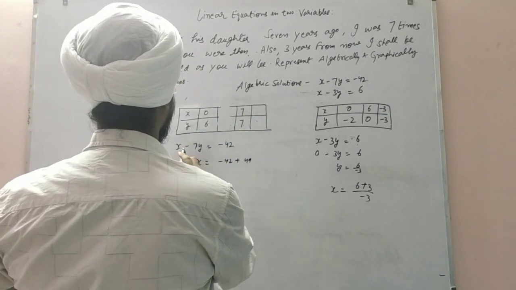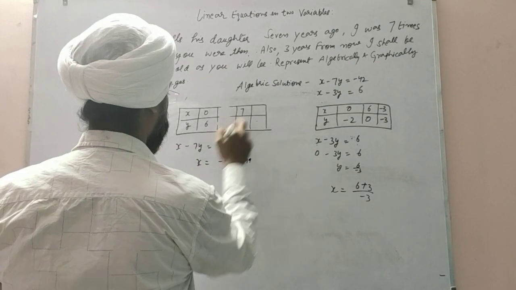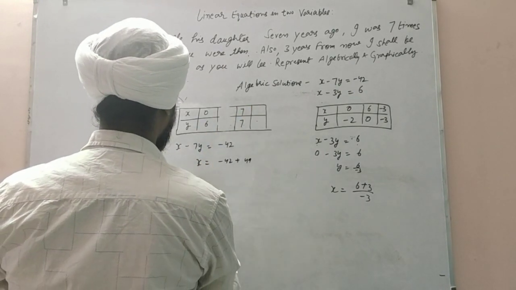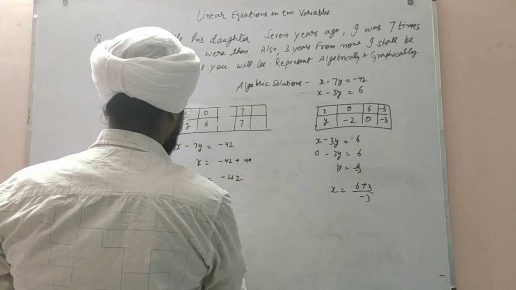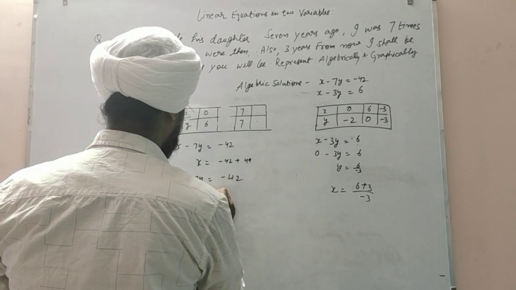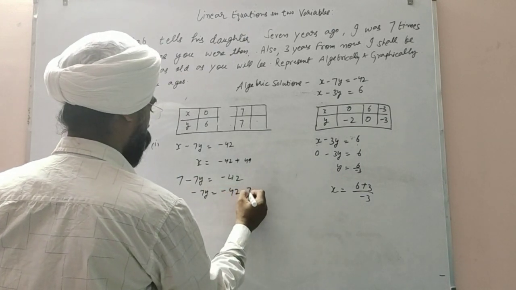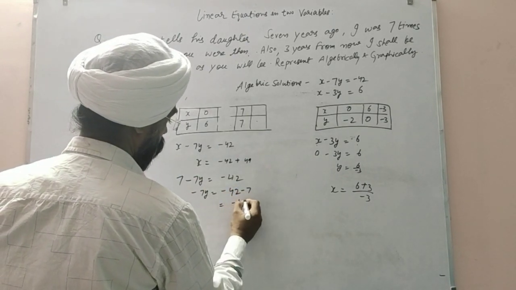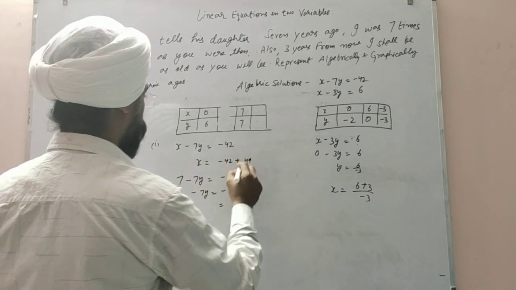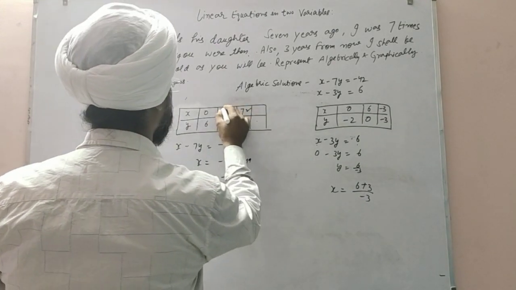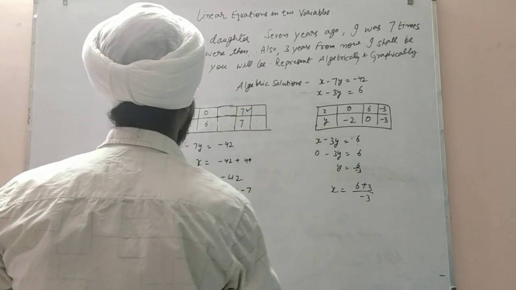If we take x equal to 7, it will give you 7 minus 7y equal to minus 42, minus 7y equal to minus 49, divided by minus 7, y is 7, means this is correct. We can take other x and y values also.